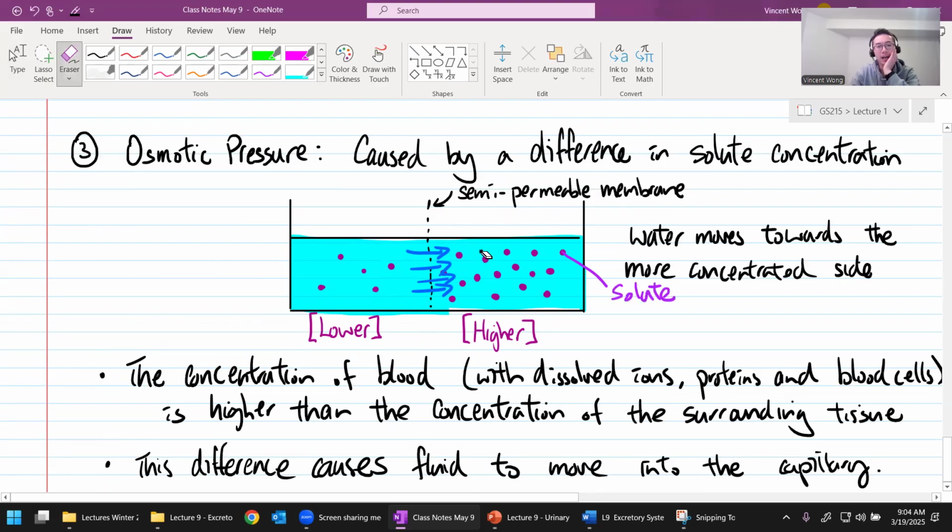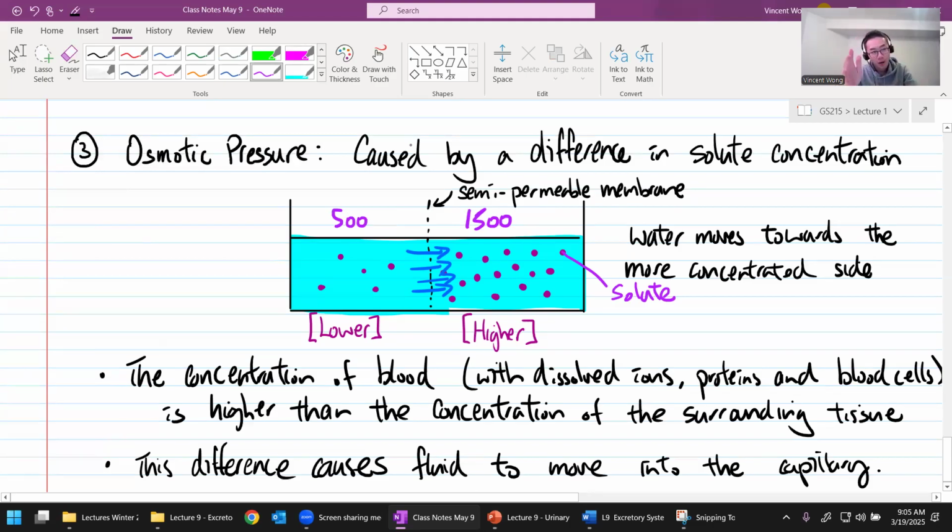We have a lot of dots here, so I can give it a number to represent the dots. Let's say each dot is 100, for example. So 1, 2, 3, 4, 5, 6, 7, 8, 9, 10, 11, 12, 13, 14, 15. So this is 1,500 units of concentration. Over here, we have 1, 2, 3, 4, 5 dots, so 500 units.